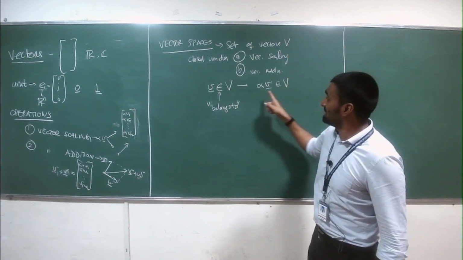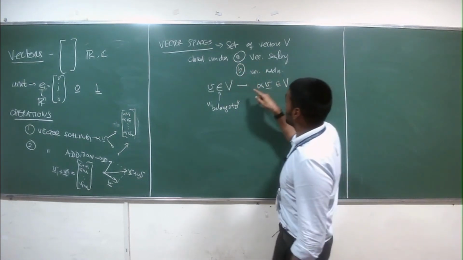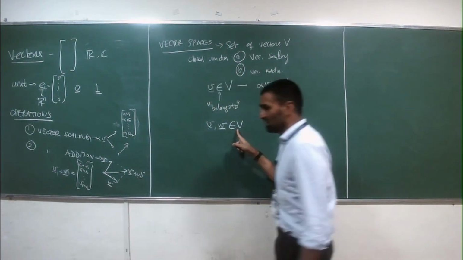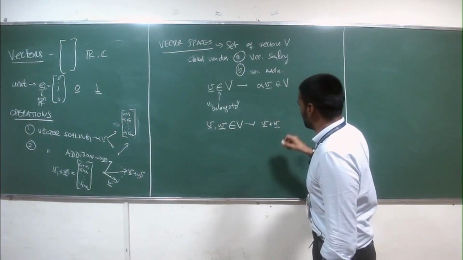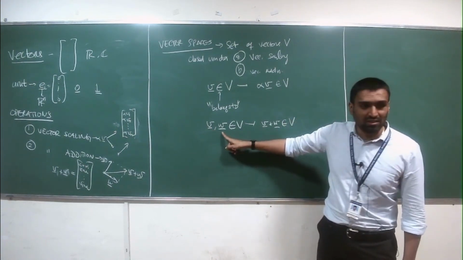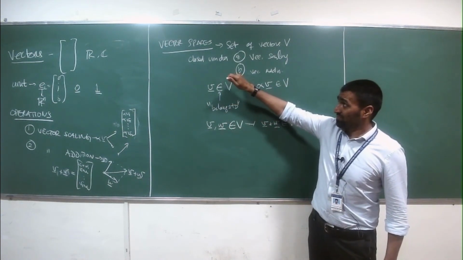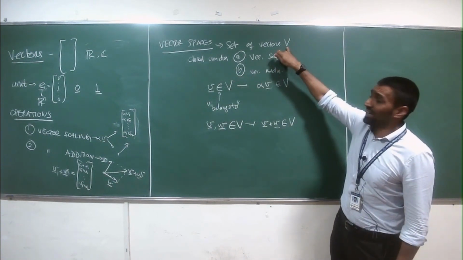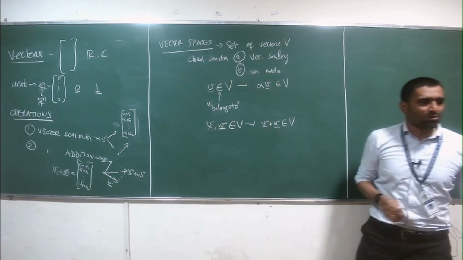That's what it means to say that this is closed under vector scaling. And vector addition is similar. If you have two vectors v and w that belong to this set, and if you add these two vectors, and that also belongs to this set, no matter what v and w you choose, then this set is closed under vector addition. If both of these are satisfied, then this set of vectors can be called a vector space. If any one of them is not satisfied, then it's not a vector space.